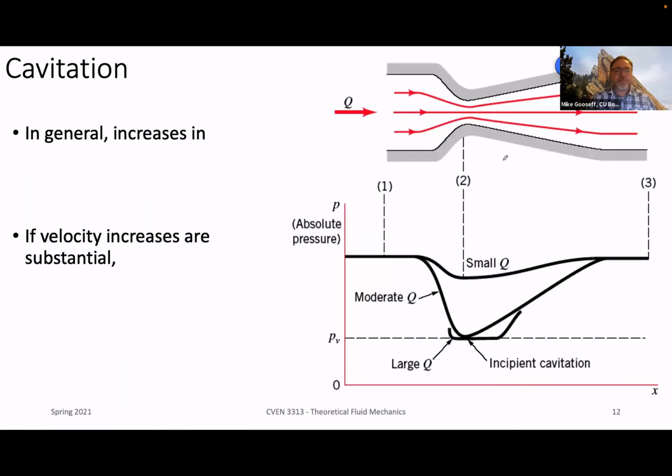All right, so what does it look like in a pipe? In general, increases in V result in decreases in P. Increases in velocity result in decreases in pressure.